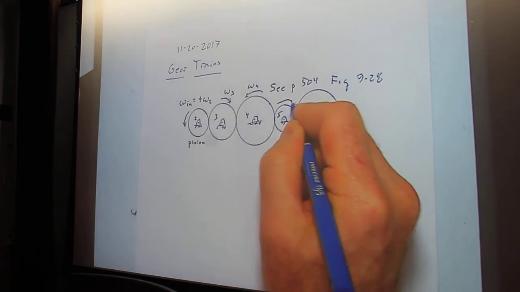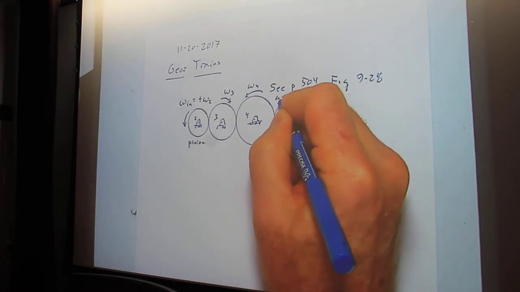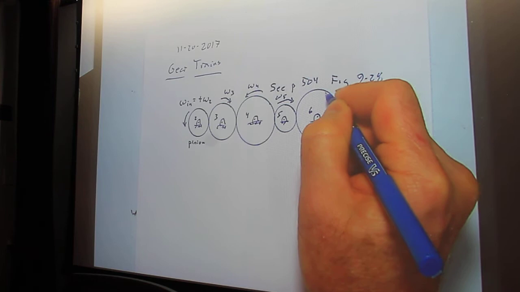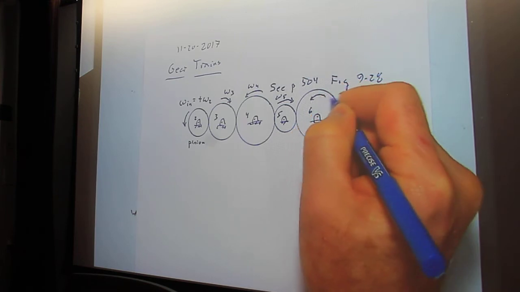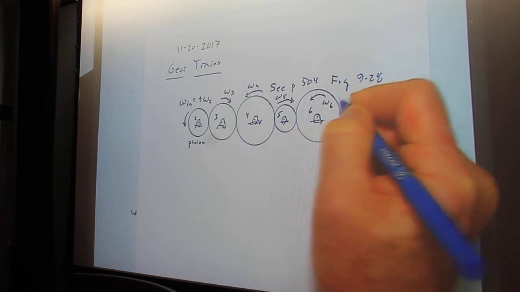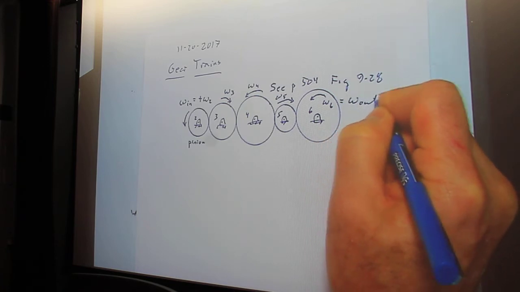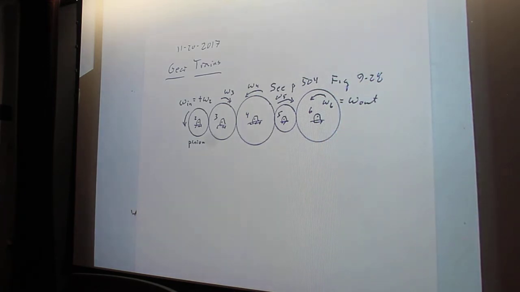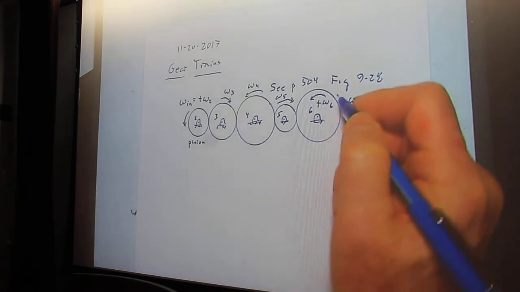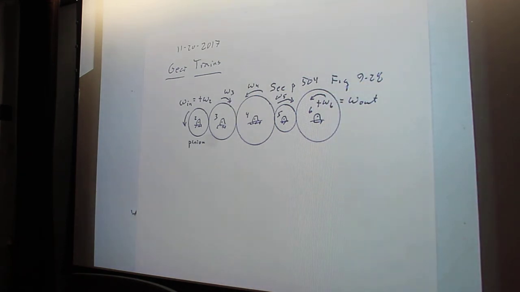Omega 5, the opposite direction. And omega 6 going like this. And that is equal to your omega out. So you have a plus omega 6 output, and you have a plus omega 2 as your input.